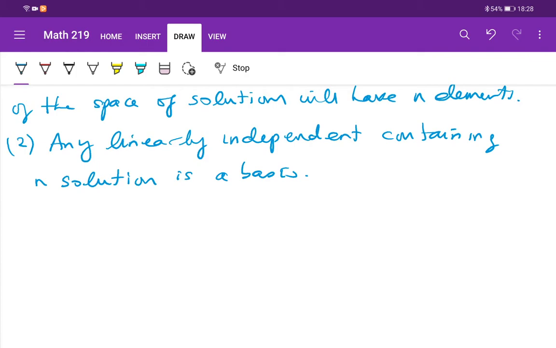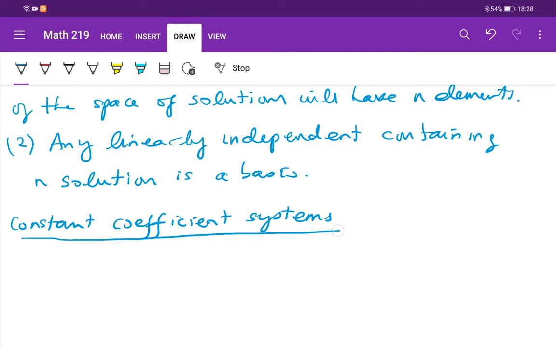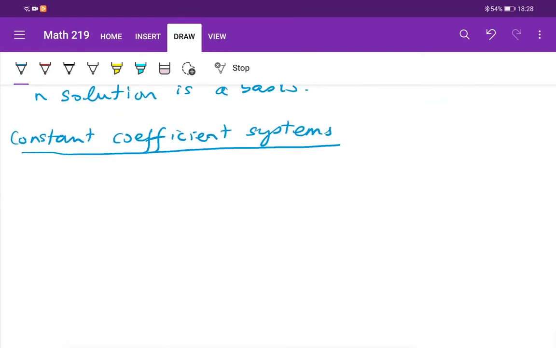So how do we find solutions? Let's restrict ourselves to constant coefficient systems. For these, we will be able to explicitly describe a basis for the space of solutions.